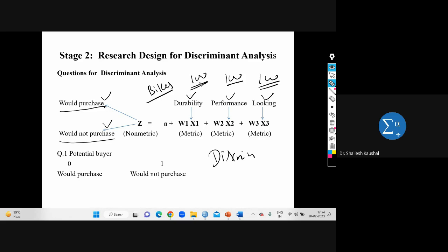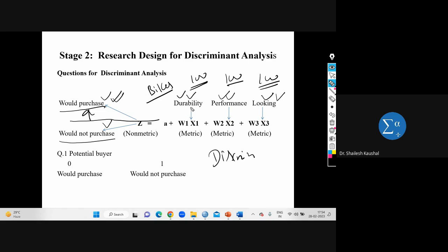So if someone is giving high marks to durability and thinks that the performance is good and looking also good, then there may be a possibility his or her discriminant score is above this cutting score, and he will buy the product.